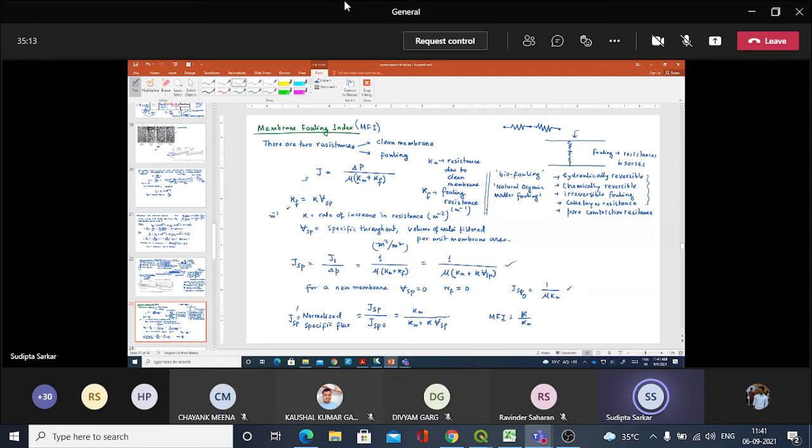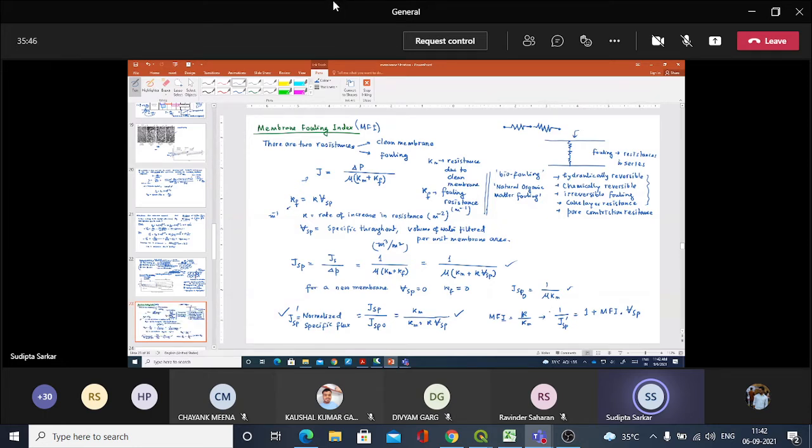Now you can see that from JSP dash and this, what I can write is that 1 over JSP dash equals 1 plus MFI into VSP. Just have a look at this equation.